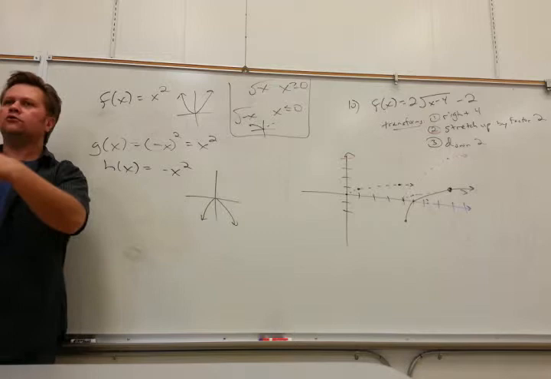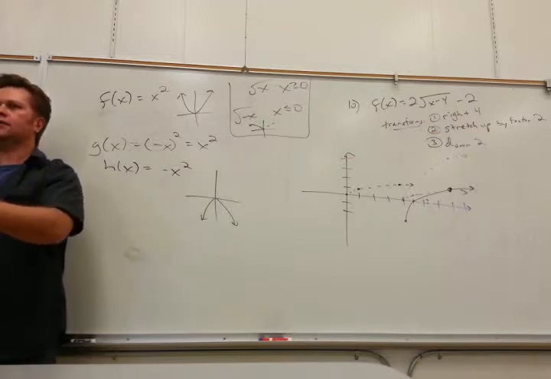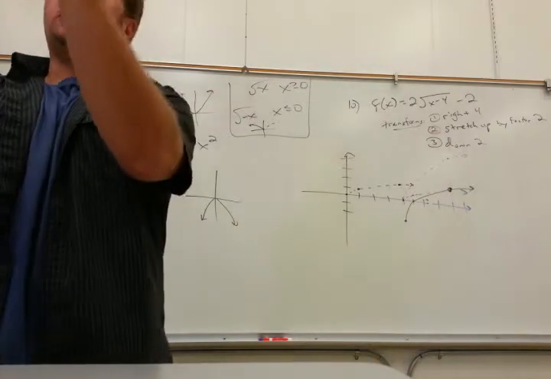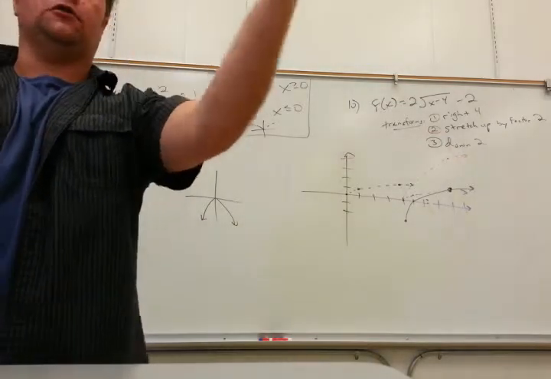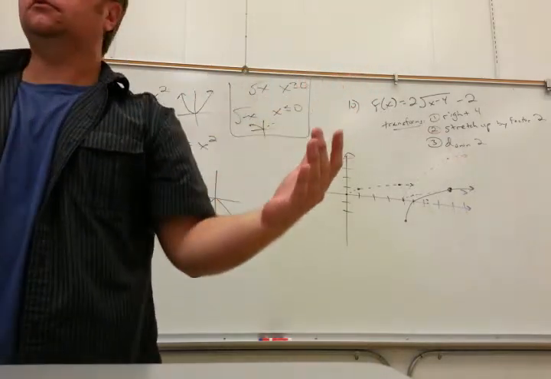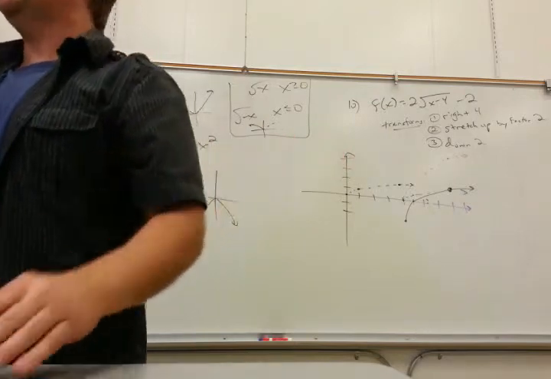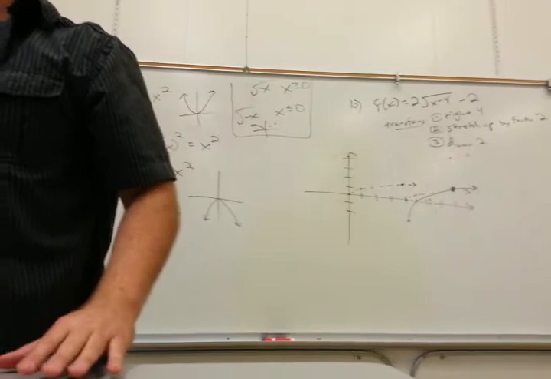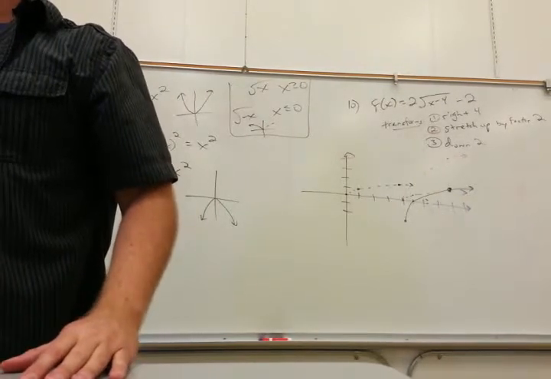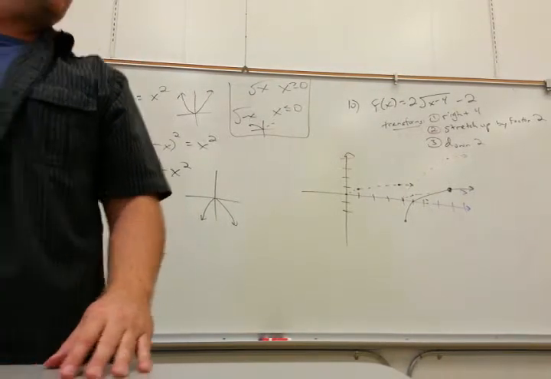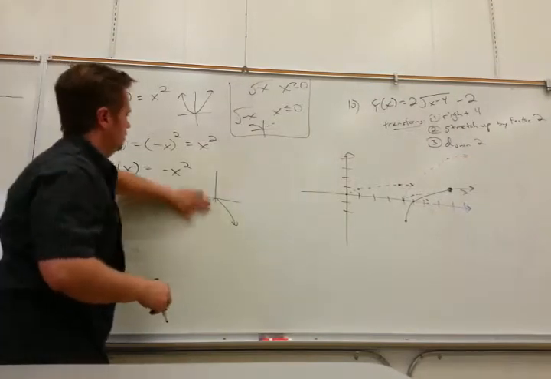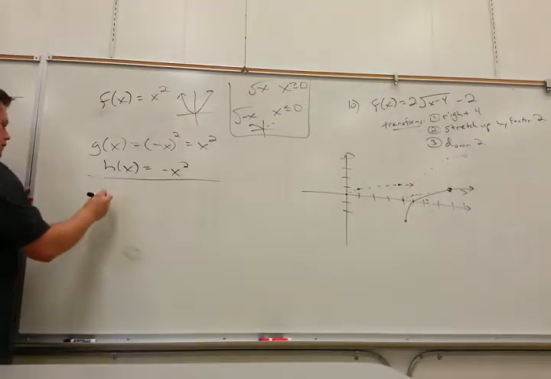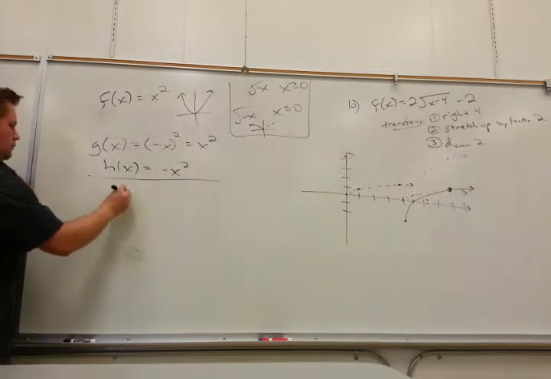In fact, it truly goes beyond functions, because is a circle a function? No. But I still can talk about transformations of a circle. I can move a circle center around the same way. So it applies to actually more than just functions, to be honest. Let's take just a basic circle.